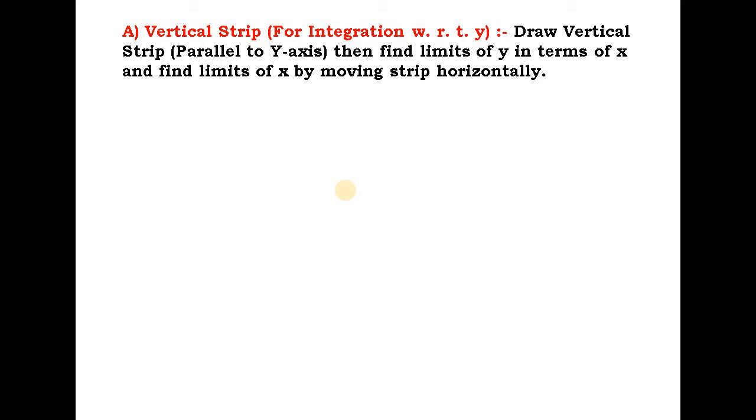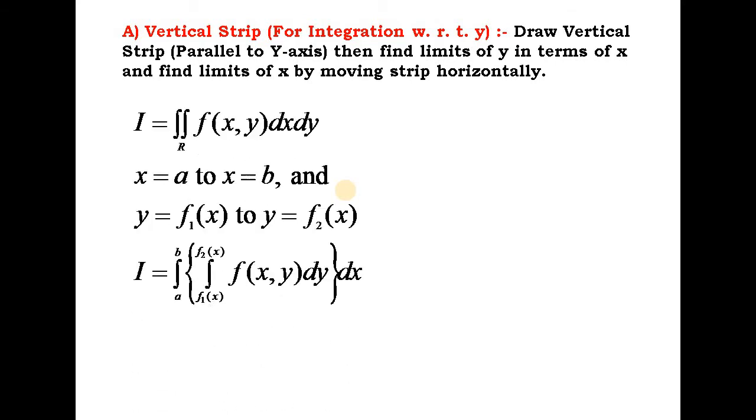For integration with respect to y, draw vertical strip that is parallel to y-axis, then find limits of y in terms of x and find limits of x by moving strip horizontally in region R. If I is double integration of f of x comma y dx dy over region R, x values x equal to a to x equal to b, a and b are constant, means region is in between two lines, x equal to a line, x equal to b line.